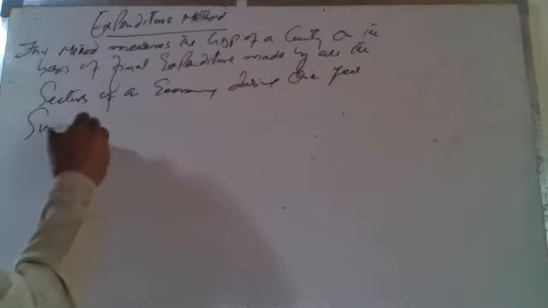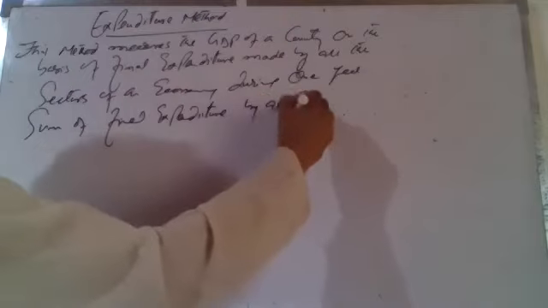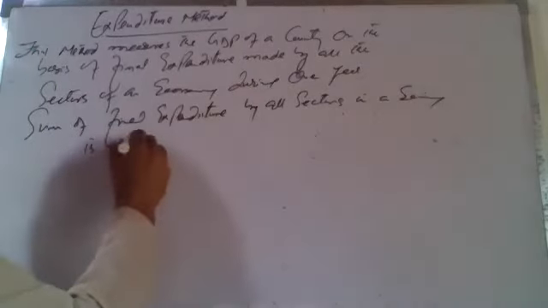Final expenditure is equal to the gross domestic product at market price. The sum of final expenditure by all sectors in an economy is always equal to GDP.